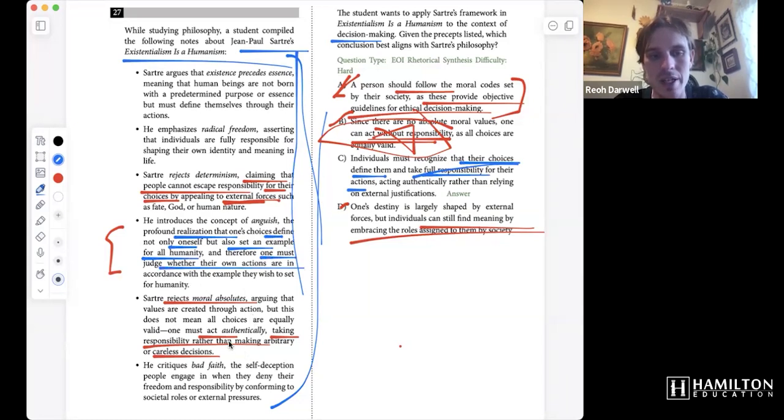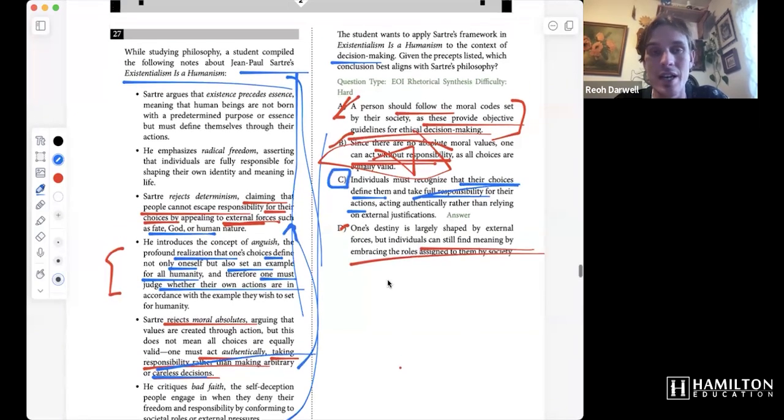We must take responsibility because we cannot rely on external justification such as fate, God, or human nature. So all of those are accurately, positively stated within the notes, whereas none of the other answer choices either use the notes correctly or use the notes at all. So that's how we arrive at C here on this really cool rhetorical synthesis question.